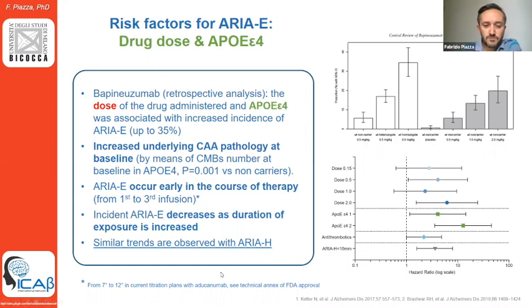And in fact, if you look at the technical annex of the FDA approval for aducanumab, they recommend performing an MRI scan before the 7th and the 12th infusion. While in a clinical trial up to date, an MRI was mandatory before each monthly infusion of the drug, in order to timely recognize the incipient occurrence of ARIA.